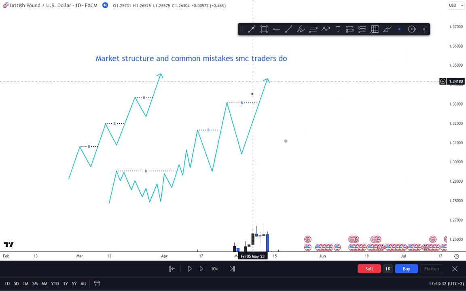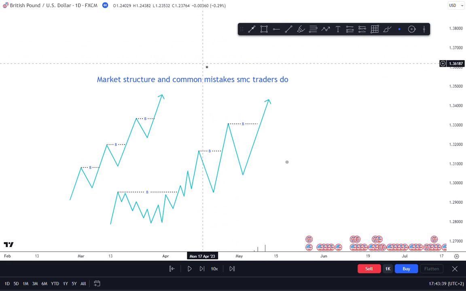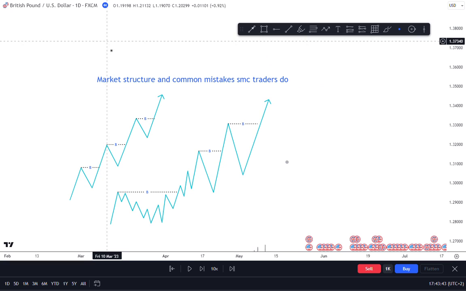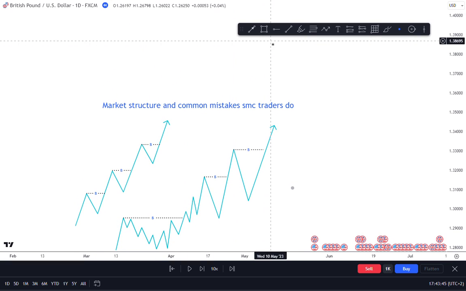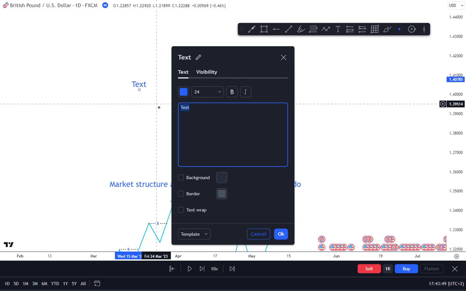Today we'll be talking about market structure and some common mistakes that SMC traders make. First things first, you need to understand the types of structures that we have. We have what we call internal structure, and then we have what we call external structure.